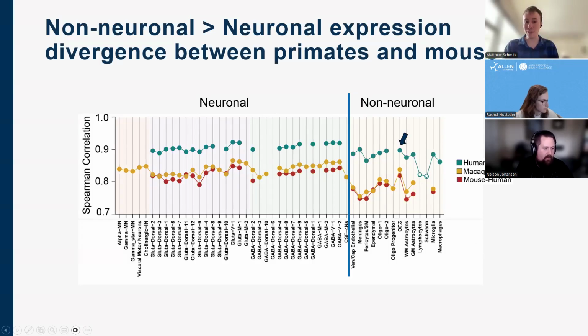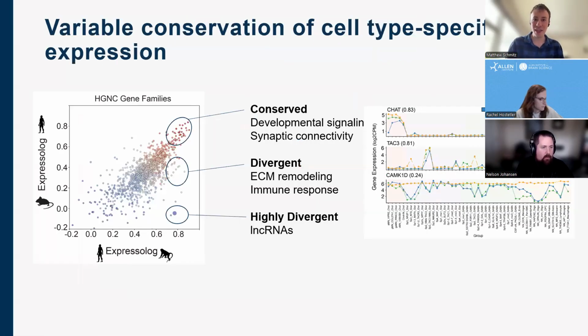And we see a similar thing to what we see in cortex, where oligodendrocyte progenitor cells are more conserved, perhaps because they need to be progenitors and any change you make to them will propagate. But yeah, we see conservation of OPCs, which stands out.